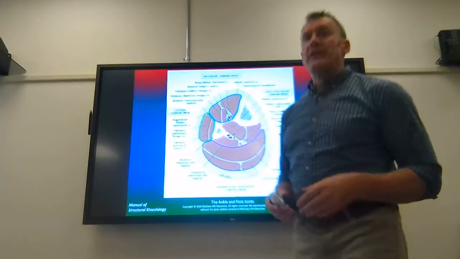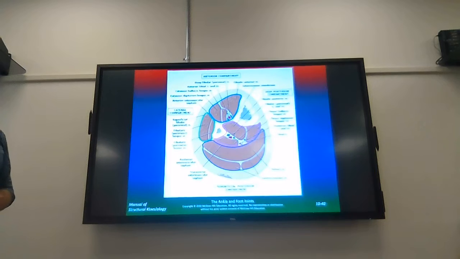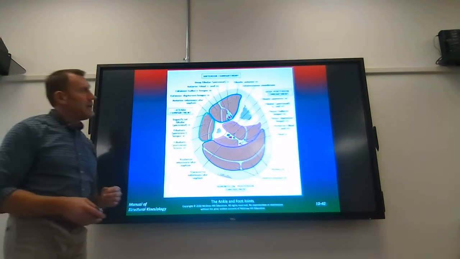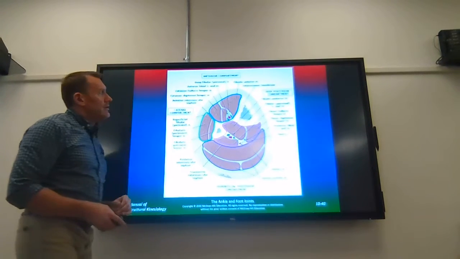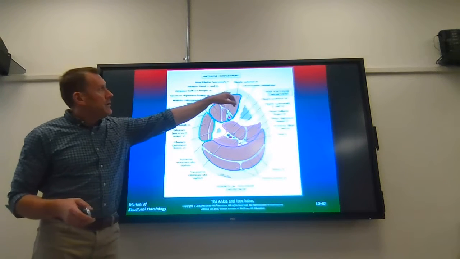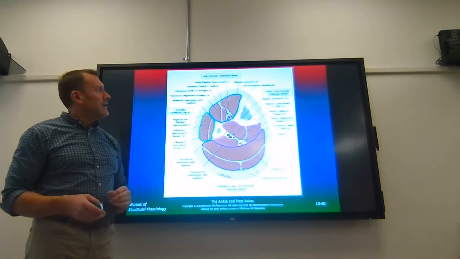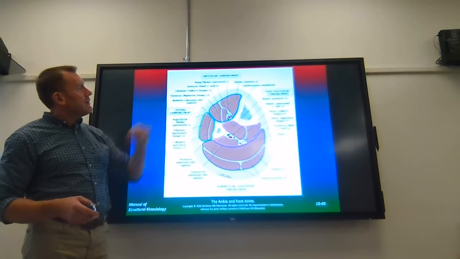So here's a little bit better illustration. Sometimes I go beyond the textbook and try to grab illustrations that are a little more descriptive. You can see this would be a cross-section of a right leg. No, actually a left leg, excuse me, because you can see the tibia here is on the medial side, and then the fibula is more lateral. You can see the muscles of the anterior compartment. This big one that's right up against the tibia is the tibialis anterior. Then you have your extensor hallucis longus and extensor digitorum longus.